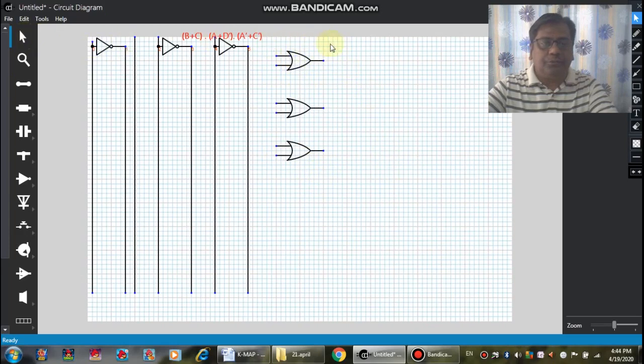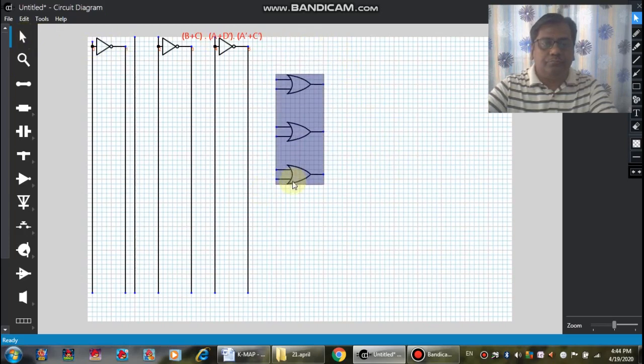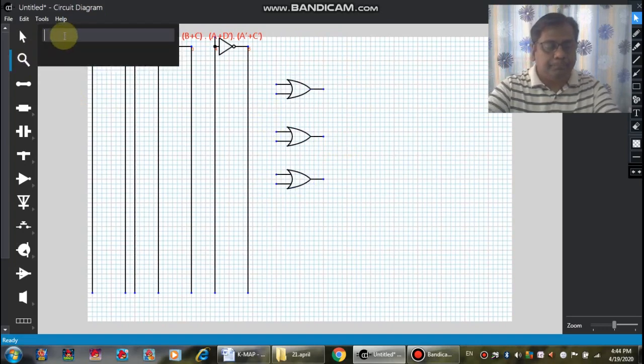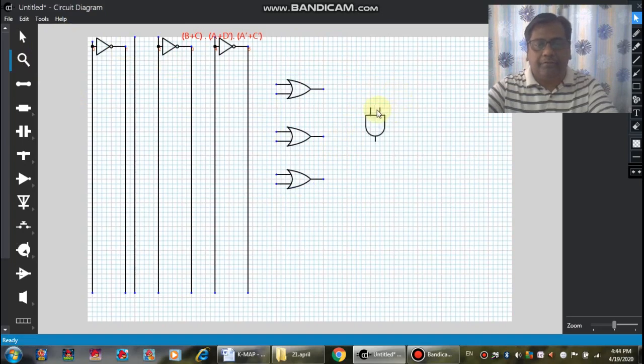Once the gates are over, now we will take the AND gate and draw it here. This is how we will be placing our gates.